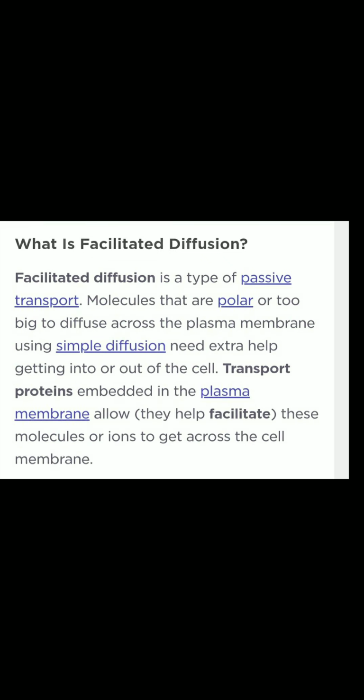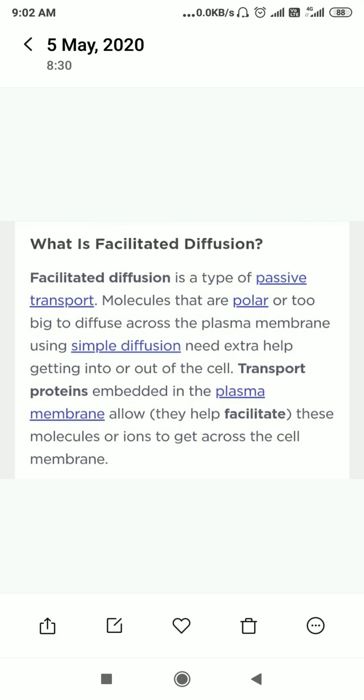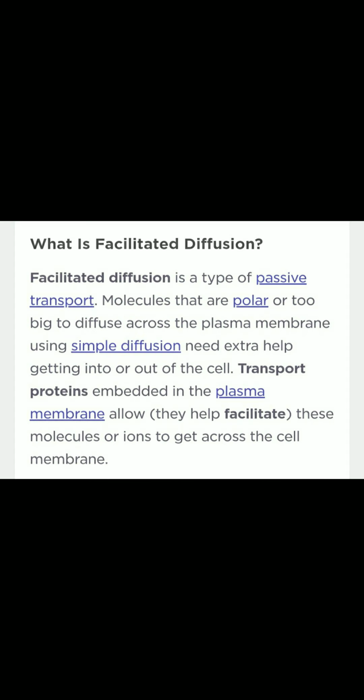Now let's come to what facilitated diffusion is, which is another mode of passive transport. Facilitated diffusion is one kind of diffusion where energy is not required, but help is required. Help from what? Help from the membrane protein.